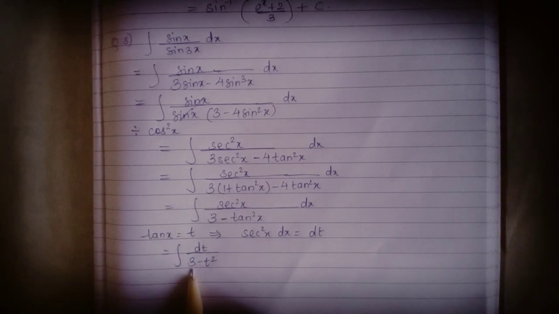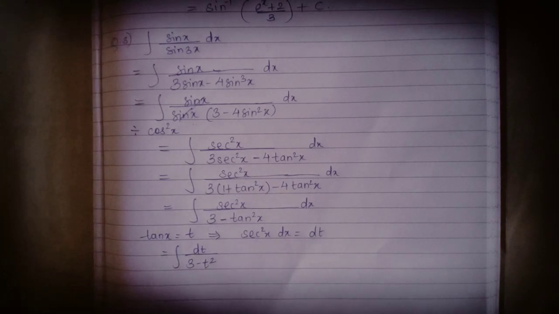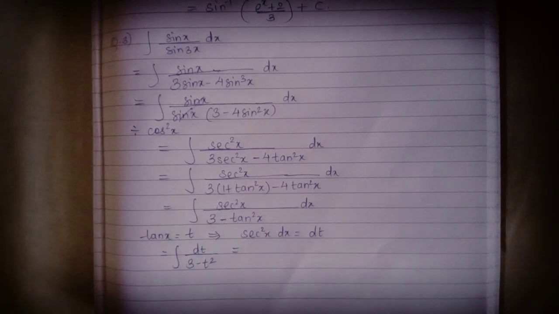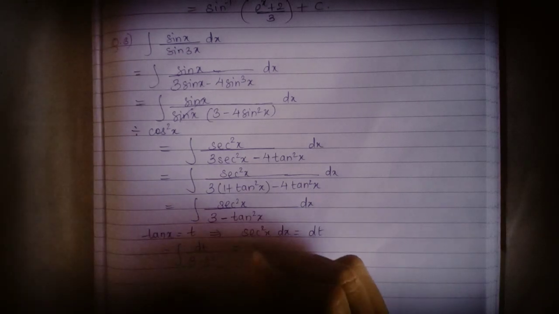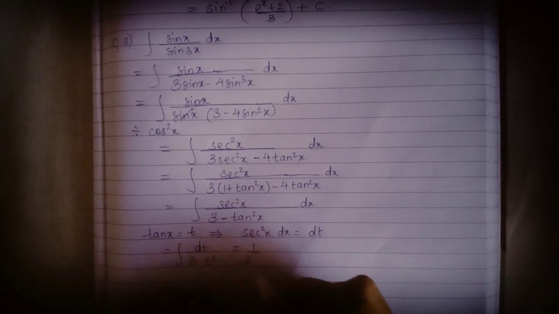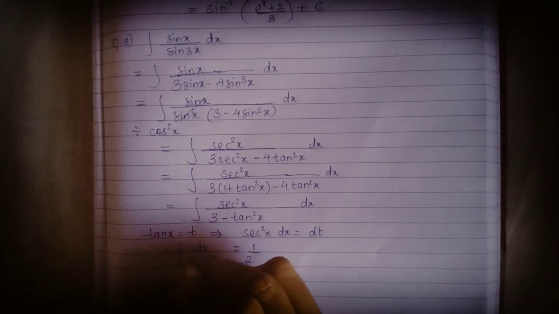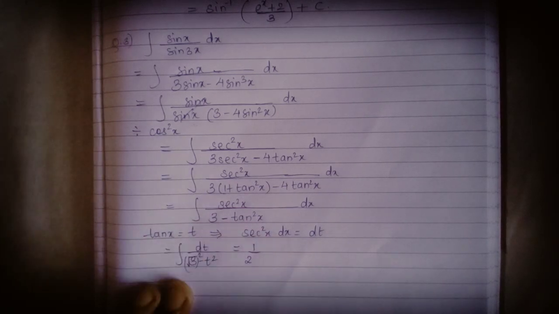Okay, so this is of the form a square minus x square. Okay, so directly you can apply that special type of integral. A square minus x square, so this will be 1 upon 2a, where a is root 3, right?